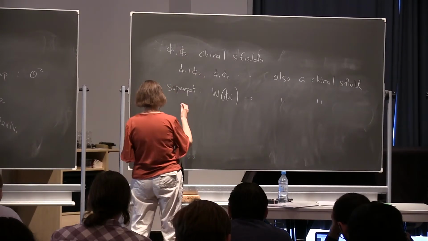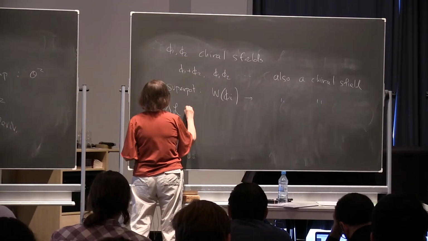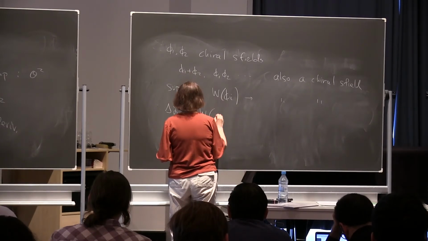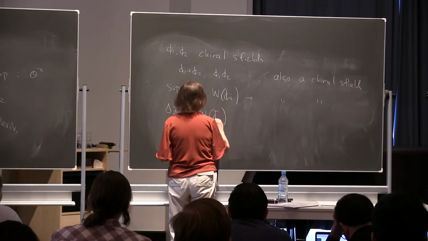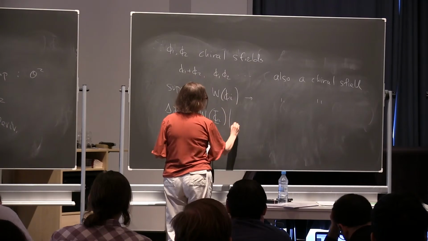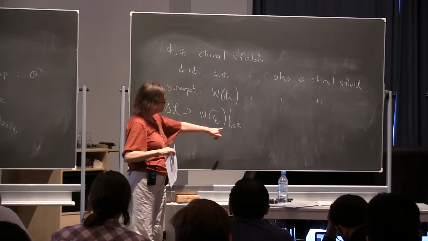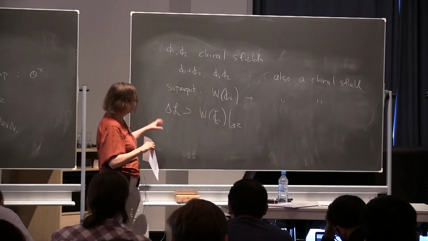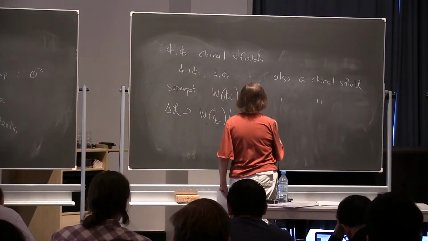And therefore, if I include in the Lagrangian the theta squared component of this chiral superfield, I'm going to get something that's supersymmetric.